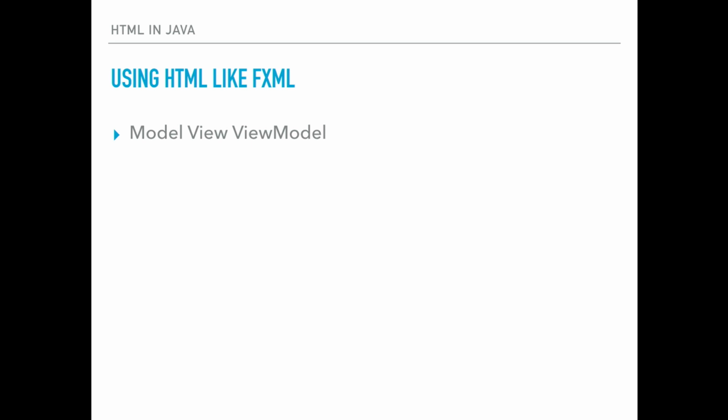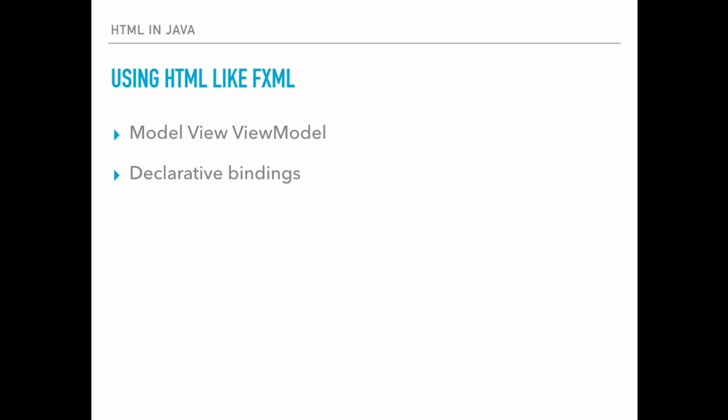So the next thing, so these APIs that we've looked at were basically directly based on JavaScript. But we've got a higher level API. And this higher level API allows you to use HTML like FXML in your application. And that's actually really cool. Because I'm a big fan of this model view model pattern that we've heard about a couple of times now.